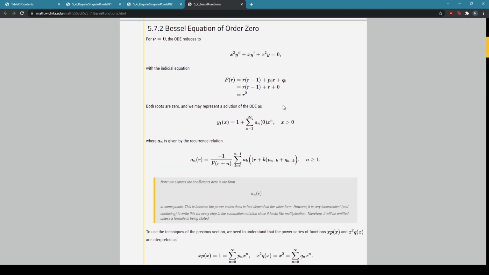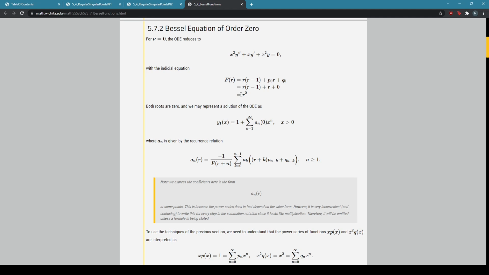We use the stuff that I was just talking about in order to come up with the values for P naught and Q naught for the indicial equation. P naught is 1 and Q naught is 0 because nu is equal to 0, and we said that Q naught was equal to negative nu squared.